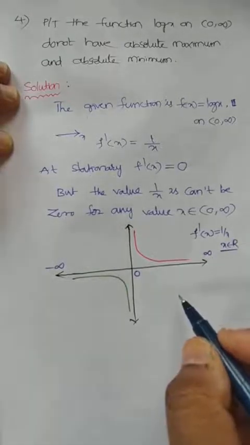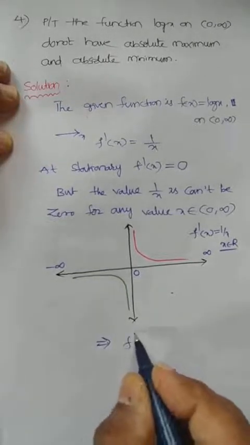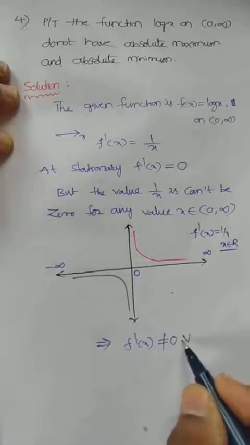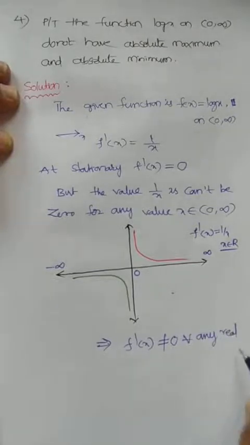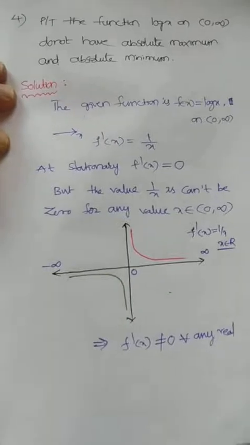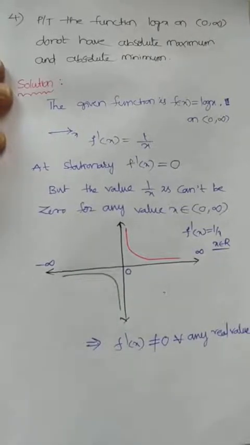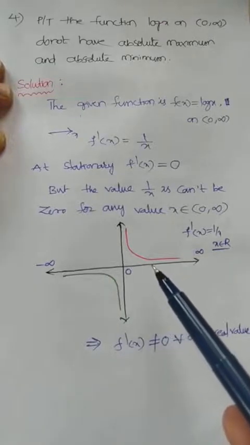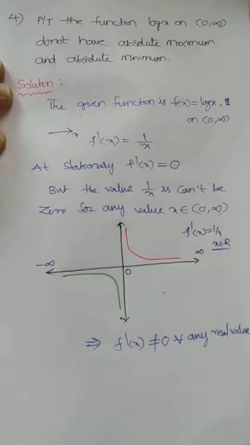So f dash of x, that implies what conclusion can we make? That implies f dash of x can't be 0, not equal to 0 for any real value. By the graph also we can explain it. You can observe that the curve is not approaching 0 anywhere on the real number system.